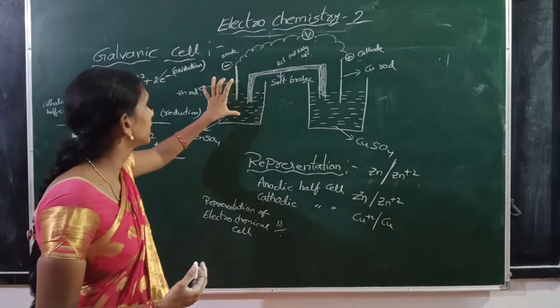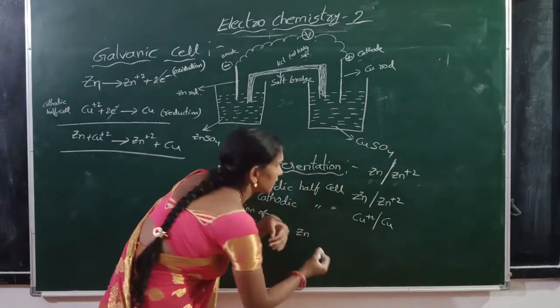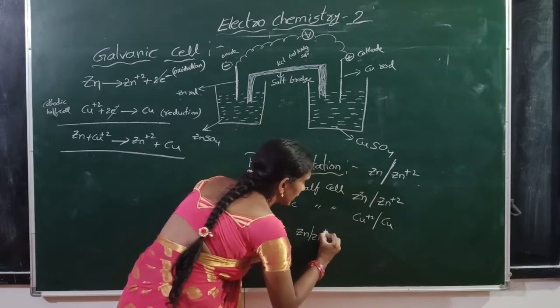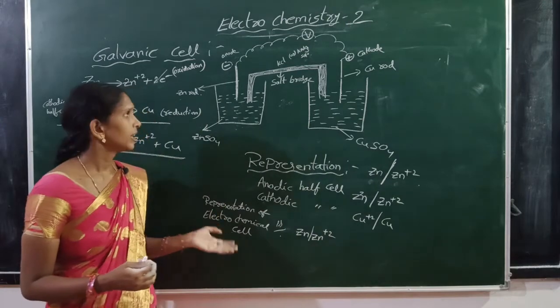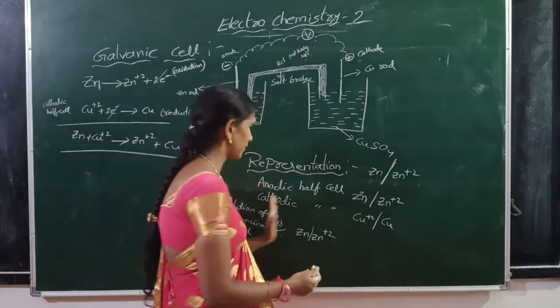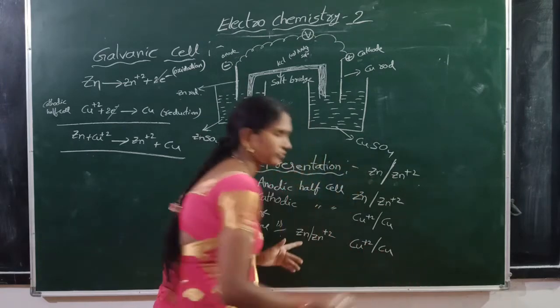Here the left hand side half cell is zinc, that means Zn | Zn2+. The cathodic half cell is written on the right hand side: Cu2+ | Cu.